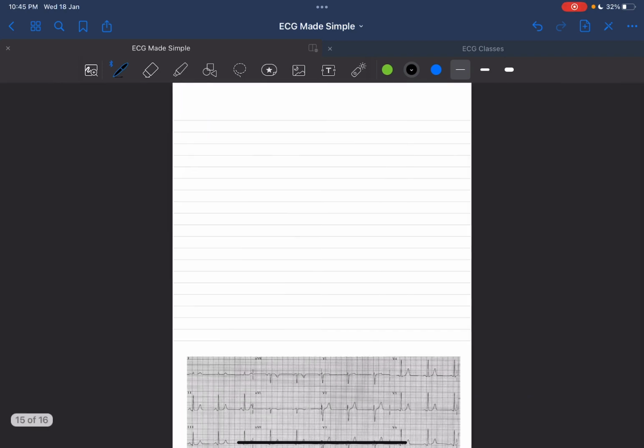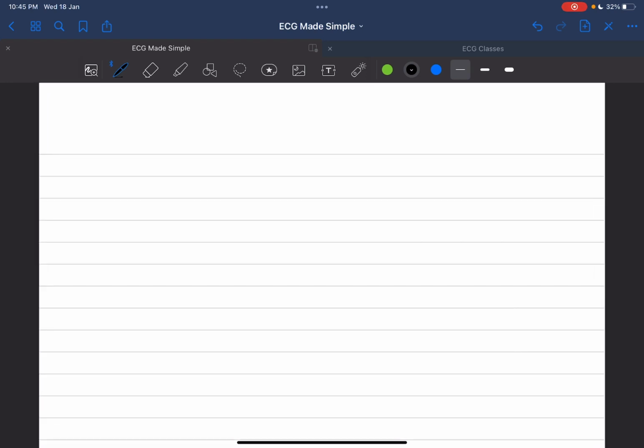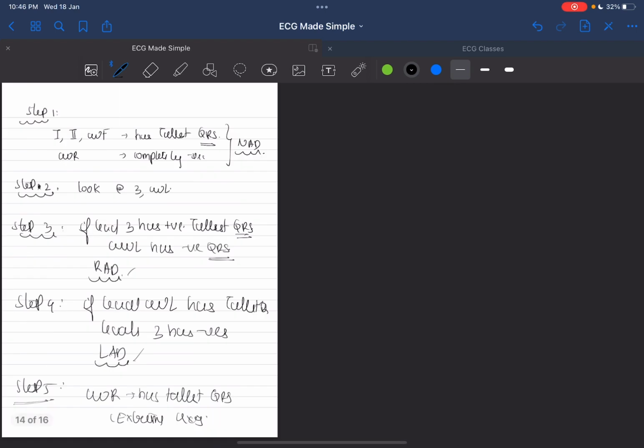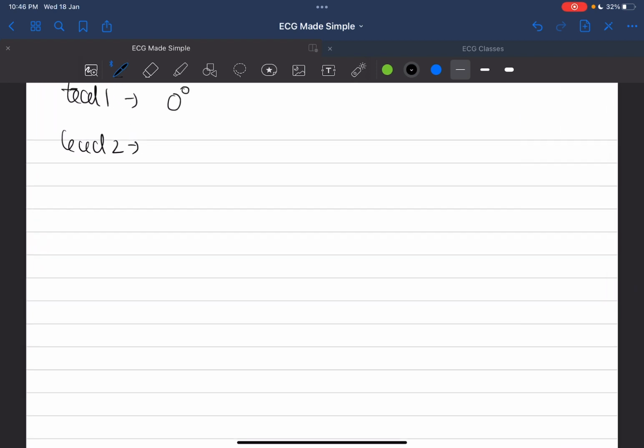Then the other thing you have to do is to know the degrees. As I said earlier, if lead 1 has the highest positive QRS complex, then it is 0 degrees. If lead 2 has the highest complex, then based on the previous diagram I showed you, it is 60 degrees.